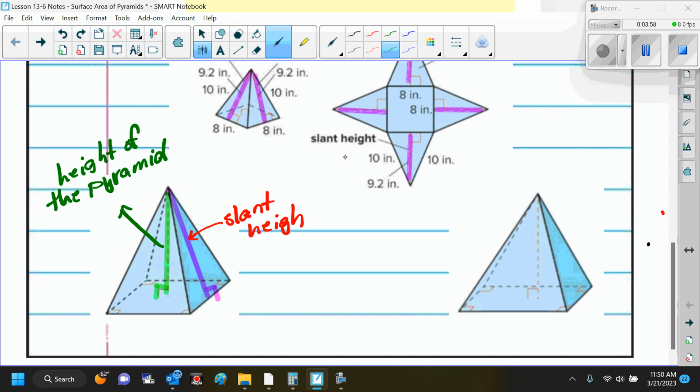I'm just going to mark them: all 4 sides are congruent. So that is a square pyramid. And over here, this side is congruent to that side, and this one is congruent to the opposite side. So this is a rectangular base, so this is a right rectangular pyramid.